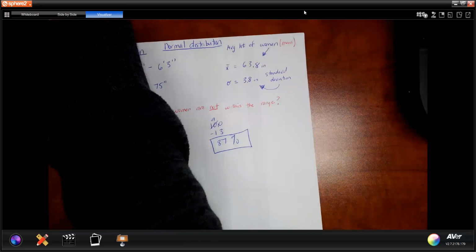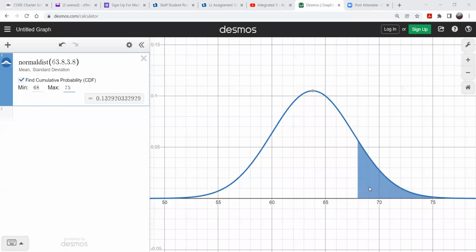So let me see if I can share this correctly. Okay, so I'm in Desmos now, and what I've done here is it's already showing the normal distribution.